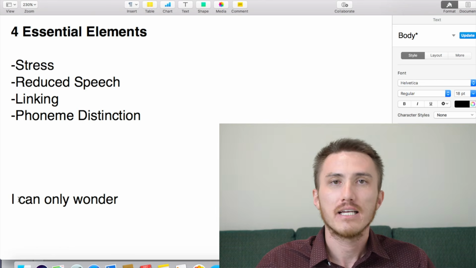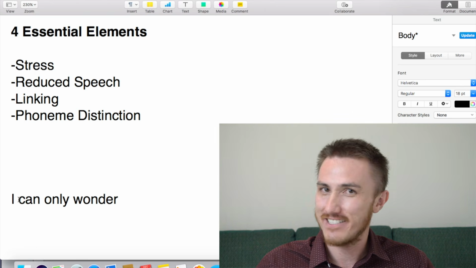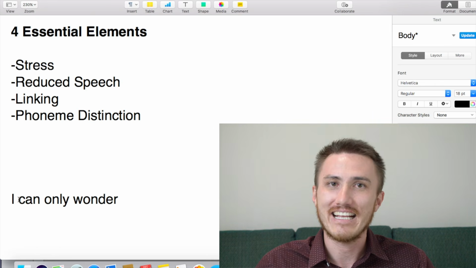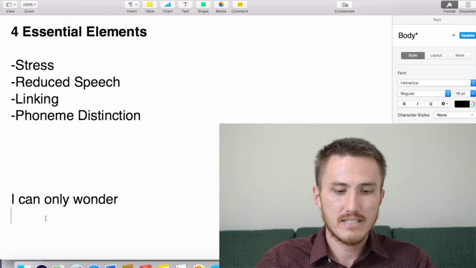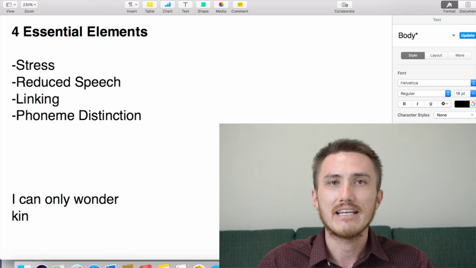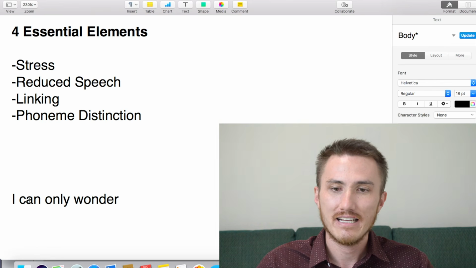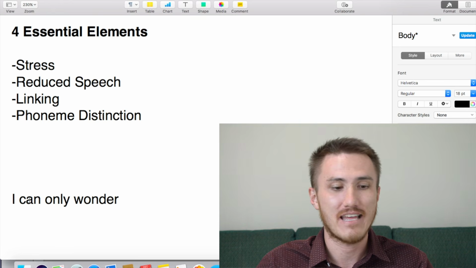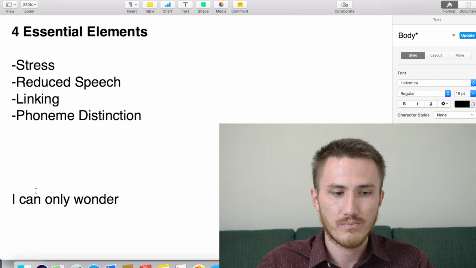We would say can. I can only. Notice that it's not stressed, right? So this word becomes reduced and it kind of sounds like this. I can only wonder, okay? So if you're expecting to hear can, you're not gonna understand this phrase because that's not how native speakers say it. This word is reduced, okay?